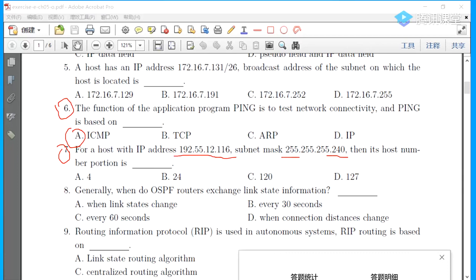A host with an IP address, and we know the subnet mask. Then what is the host number portion? Host portion.